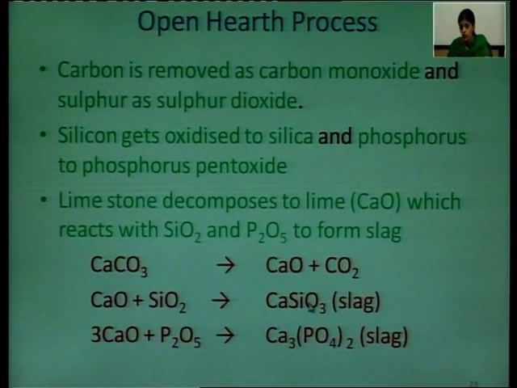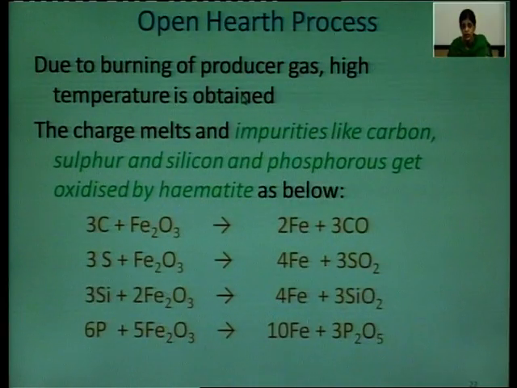These two will form the slag, and the carbon is removed as carbon monoxide and sulfur as sulfur dioxide, as we had seen here. These two are gases and they can be easily removed.